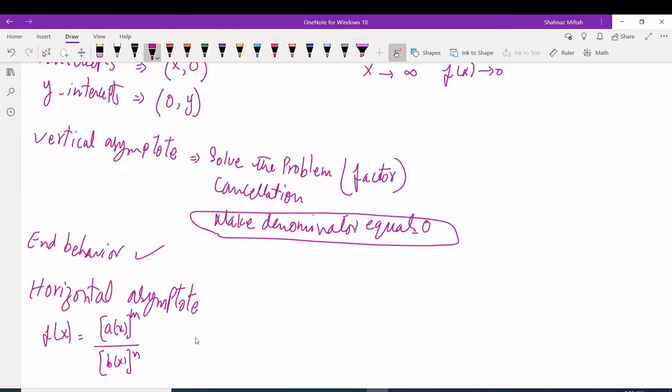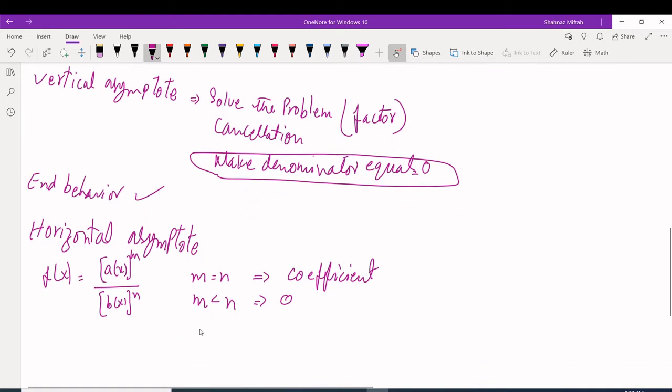I have some rules that you have to memorize. If the top exponent is equal to the bottom exponent, then my horizontal asymptote is the ratio of the coefficients. Whatever the coefficient is for the top and bottom, that's your answer. If m is less than n, then my answer is 0.